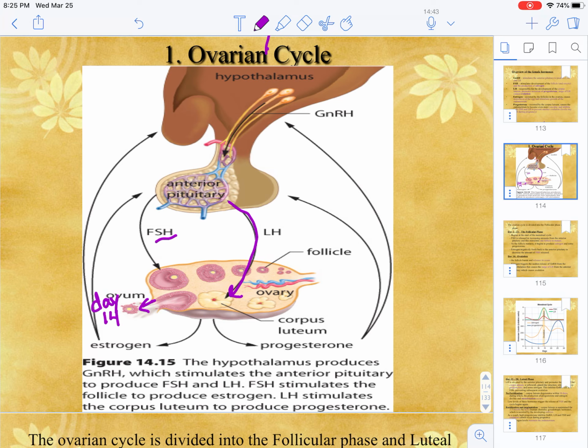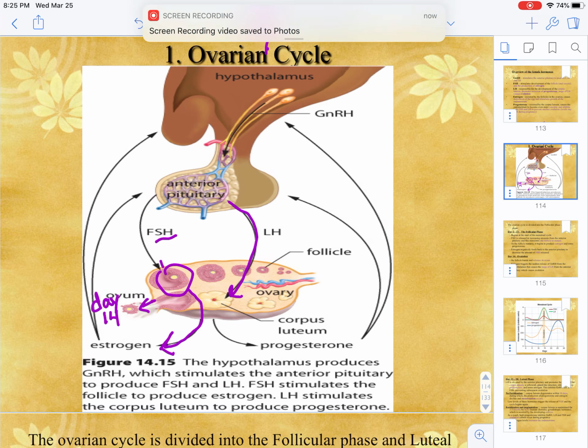Now, the reason this is all happening is that FSH, as the egg is developing, those follicle cells are forming estrogen to prepare the inside of the uterus, the endometrium, to become more vascular and prepare for a possible implanted fertilized egg.